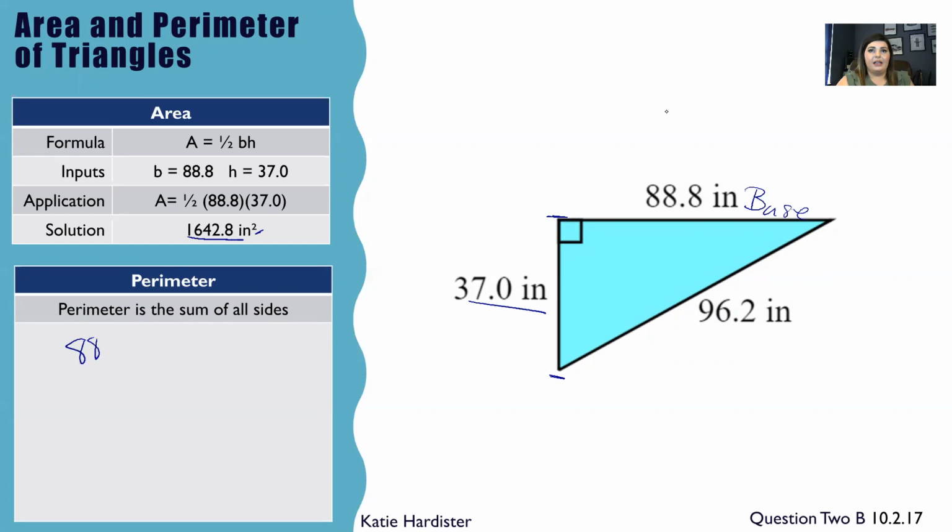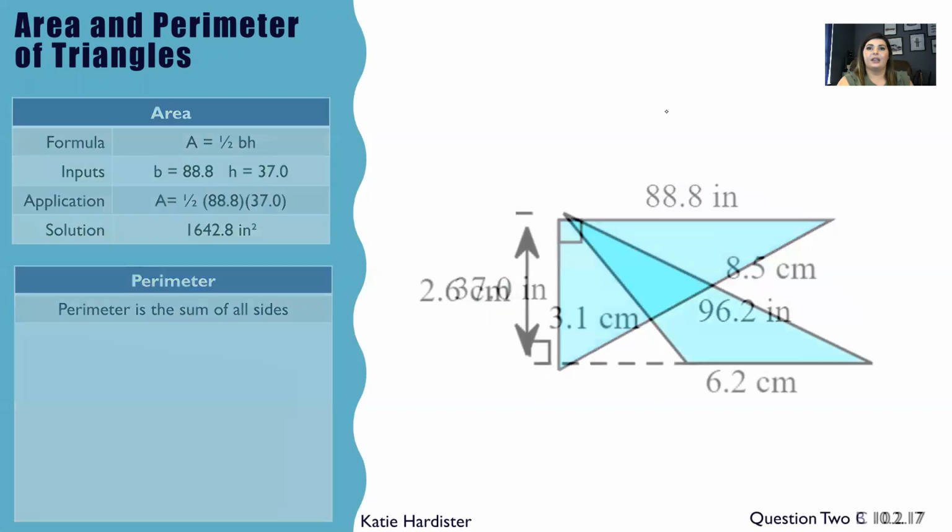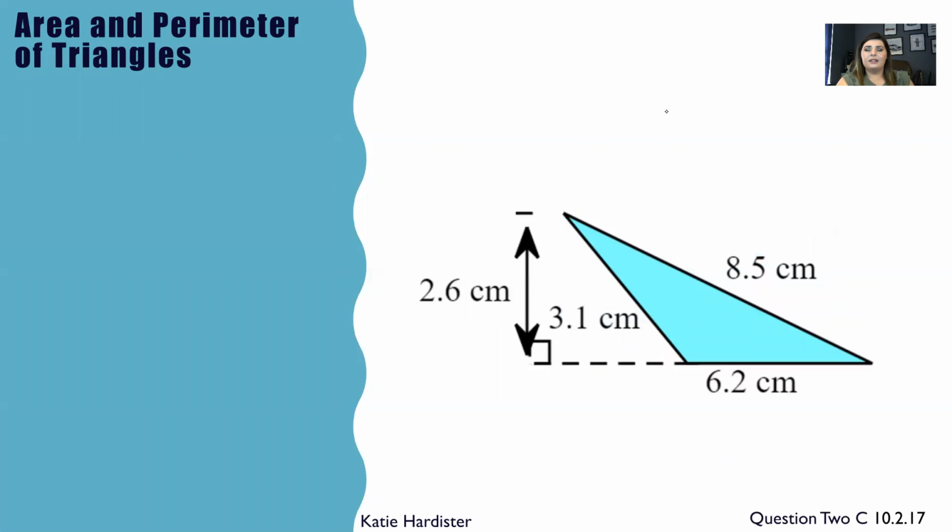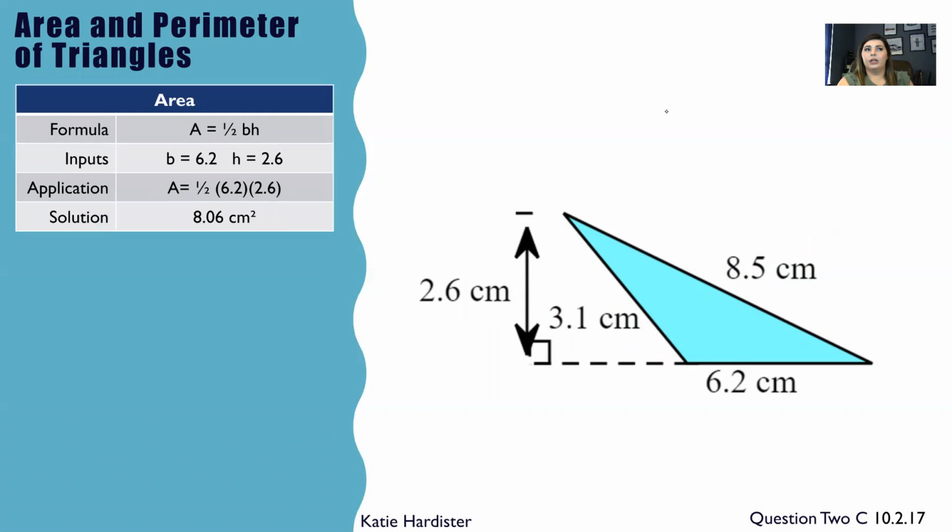So we have 88.8 plus 37.0 plus 96.2 inches. If we add those up, we will get 222 inches. And let's take a look at this one. Now this triangle is a little bit more tricky, but it's still a triangle, so it still holds the same formula.